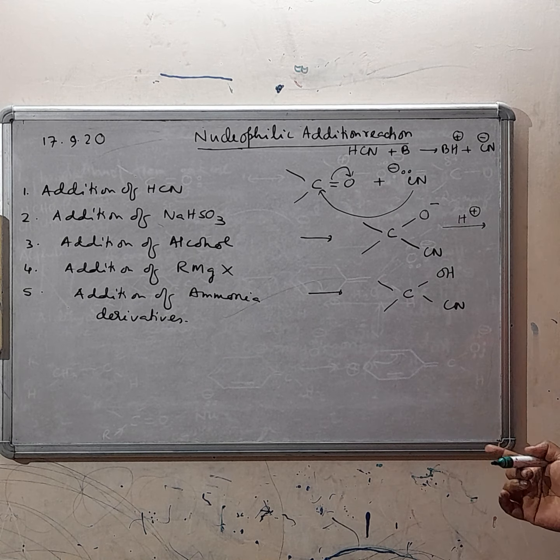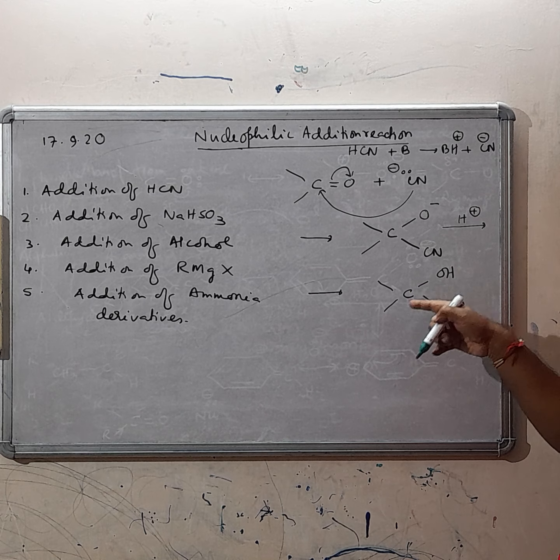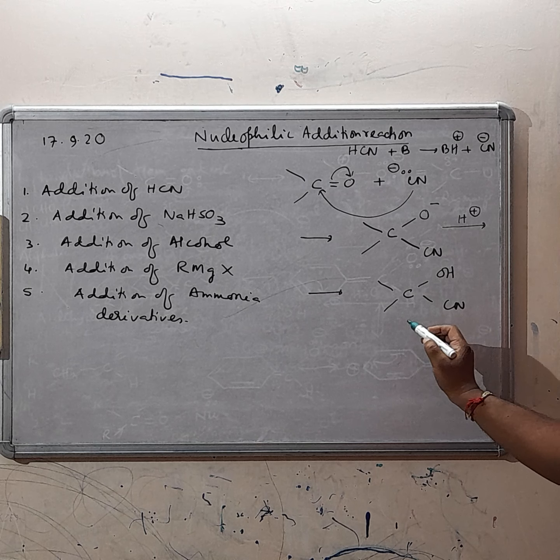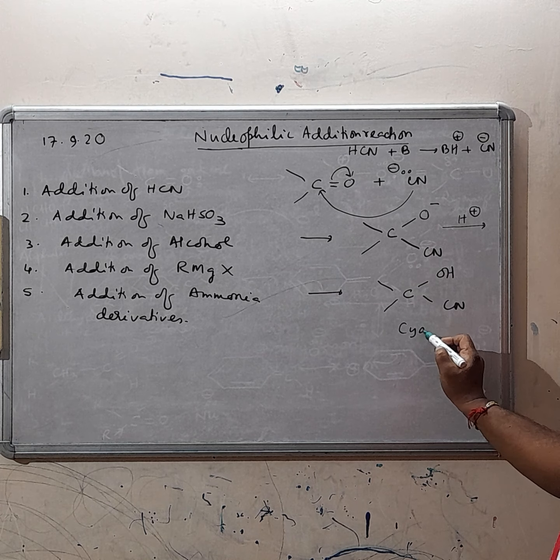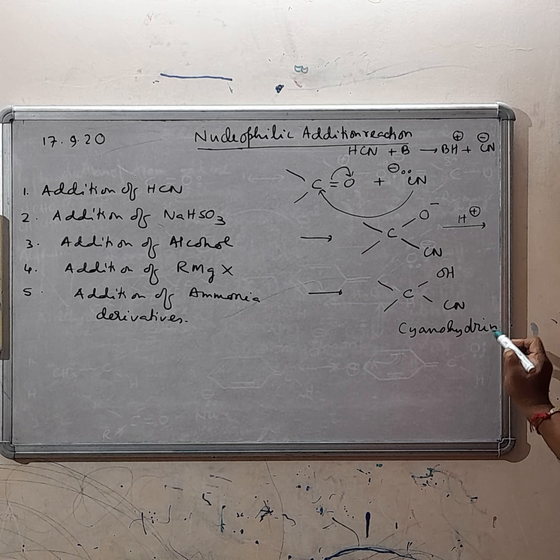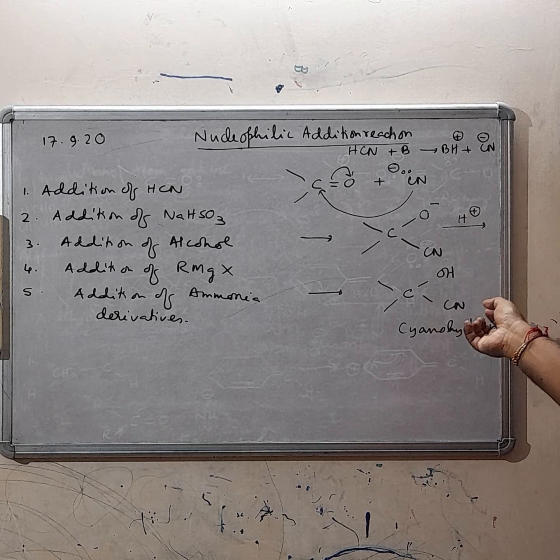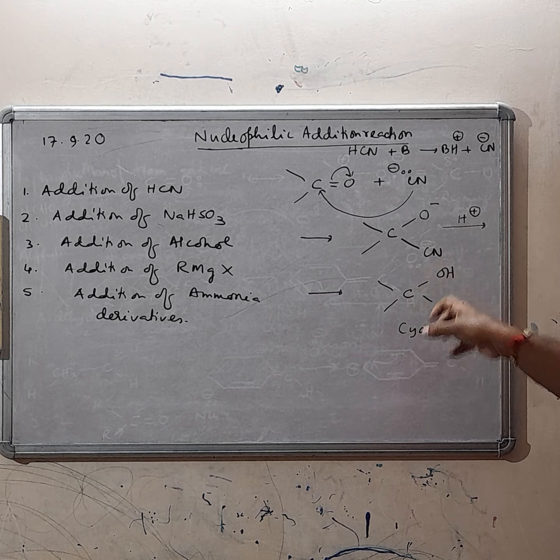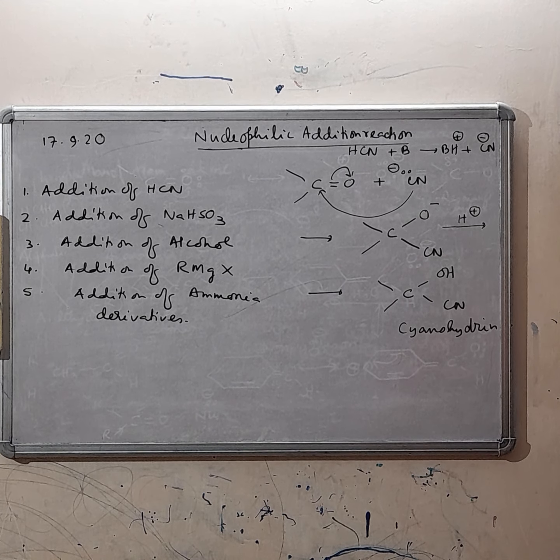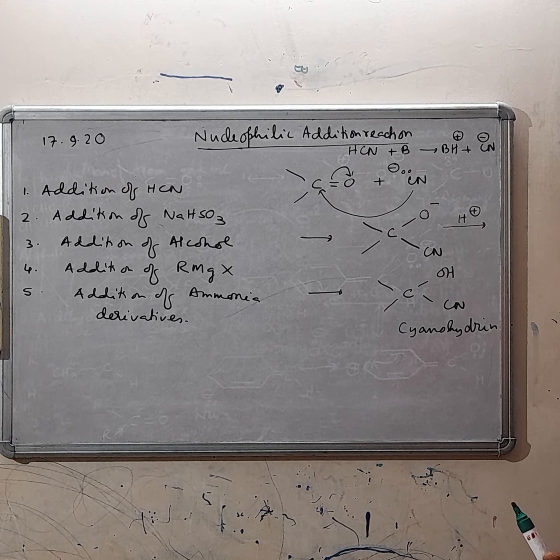So this is the product. Now a compound where the CN and OH are attached to the same carbon is called cyanohydrin. It is important because many other types of compounds can be prepared from cyanohydrin. So that's why this compound has synthetic utility.